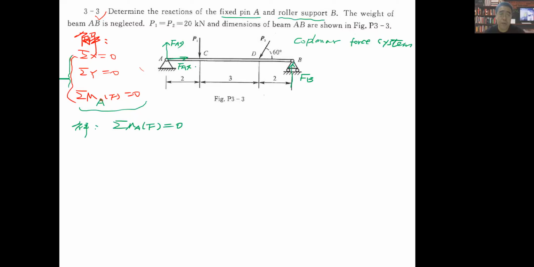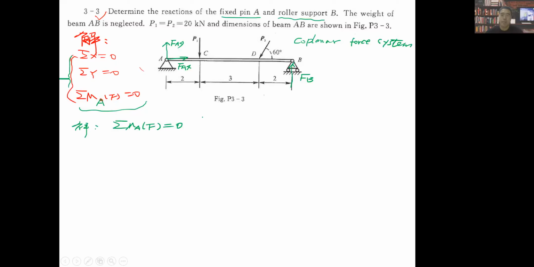So we only need to consider P1, P2, and this FB. So we will find that through this equation there is only one unknown value. So we can just use one equation to find the value of FB. That is the basic rule: we better use one equation to solve one unknown at a time, right?